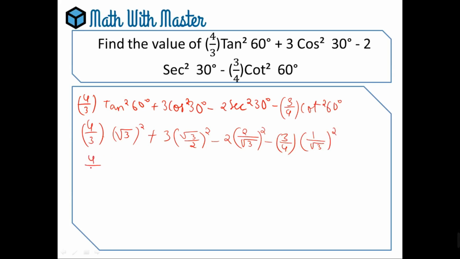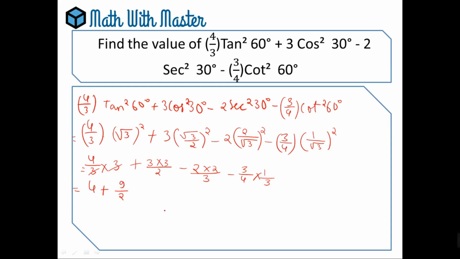So here 4 by 3 into 3, the 3 and 3 will be cancelled, plus 3 into 3 by 2, minus 2 into 4 by 3, minus 3 by 4 into 1 by 3, is equal to 4 plus 9 by 2.